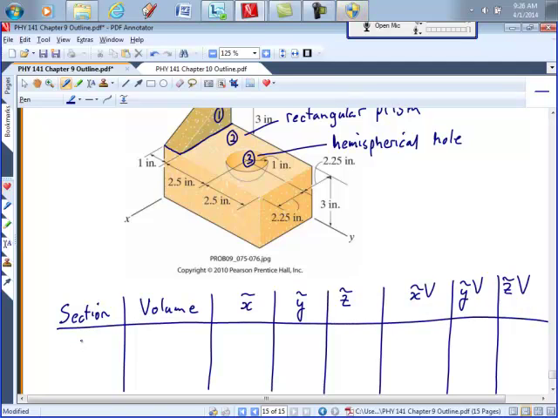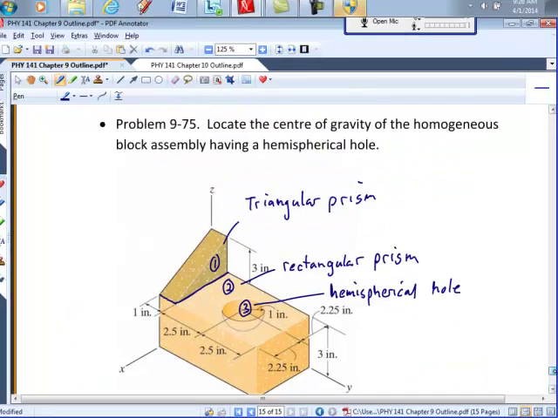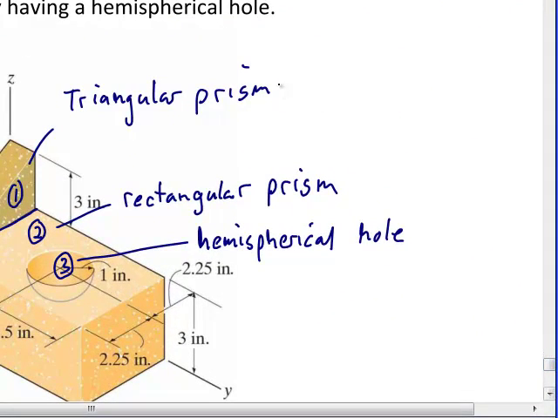All right, so we'll start with our triangular prism. How are we going to calculate the volume of our triangular prism? Right, it's going to be 1/2 base times height times depth, or 1/2 of the volume of a rectangular prism that would have the same dimensions. So the base looks like it's, oh sorry, that is 2 1/4 and 2 1/4.